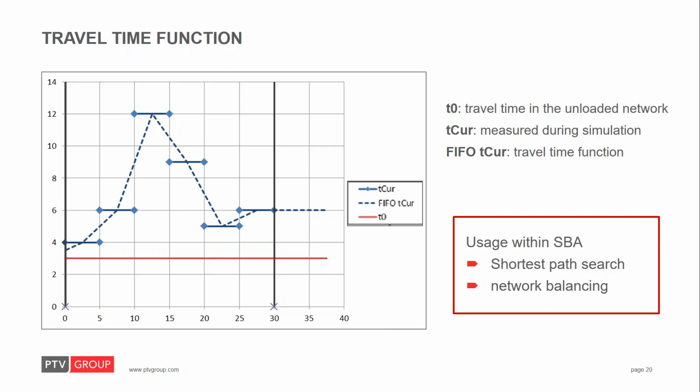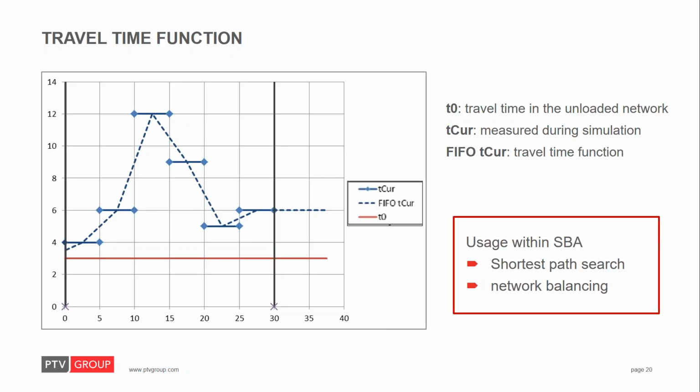So the horizontal bars over the measurement intervals show the averages, which also represent the travel time in the middle of these intervals. The average travel times are then interpolated to form the curve, the dashed line. So that means at each point in time we know the travel time for this specific network object.